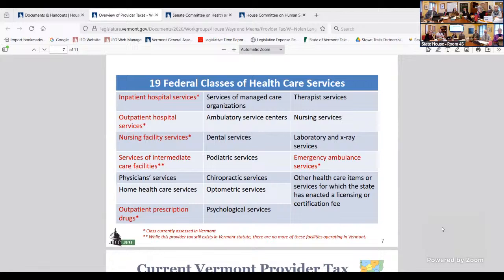Thank you. So there are reasons you would want a provider tax in your segment. One is that it would allow the sector to raise money and increase rates. Was the other so that they could provide more services to Medicaid patients?